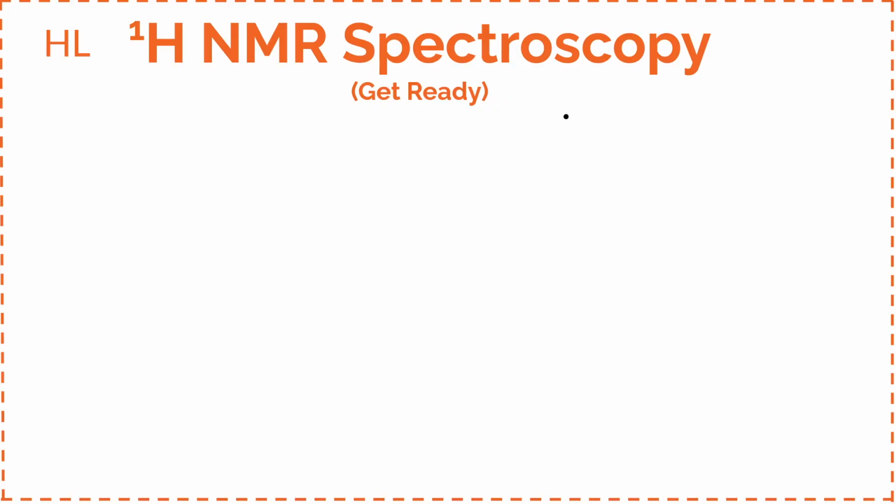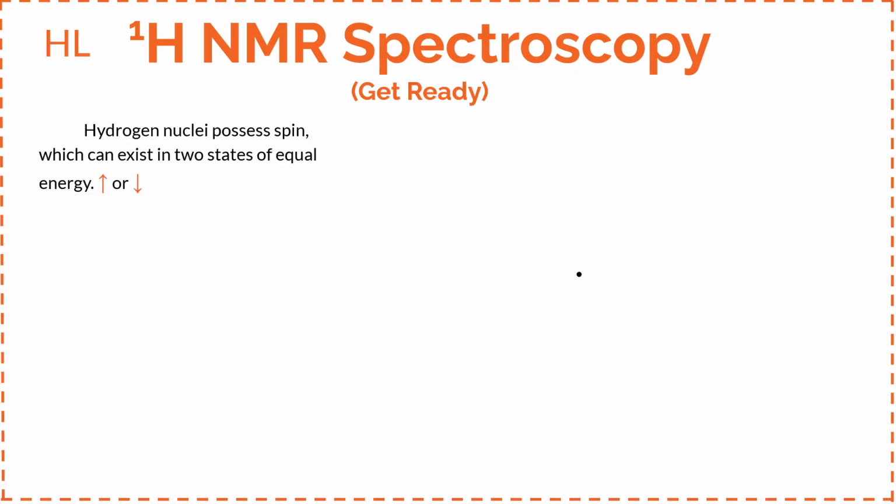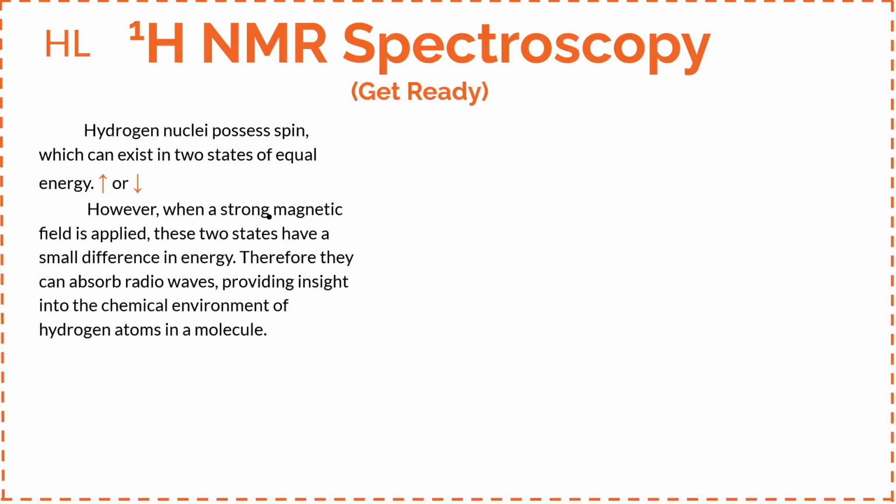Now, the last thing that we need to review is going to be H1 NMR spectroscopy. And get ready, because this is going to be pretty rough. So, hydrogen nuclei possess spin, kind of like electrons, which can exist in two states of equal energy. They can go up or they can go down.